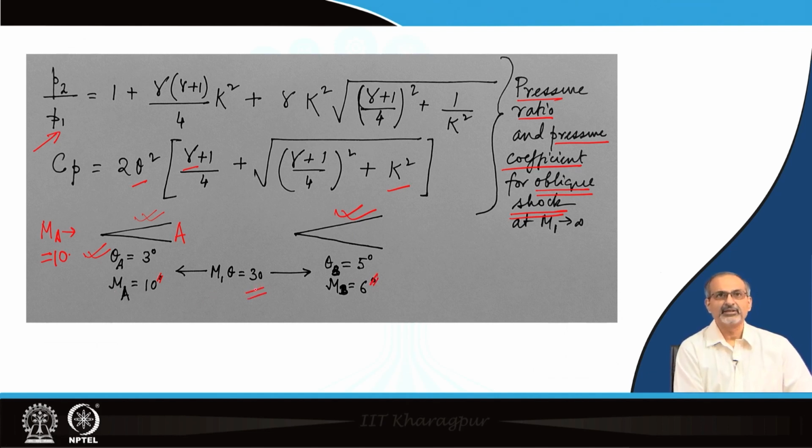Here the M B is equal to 6 and the theta is 5 degrees, this is case B. Again the product gives you 30, which means the K for both the cases is identical, and therefore, if you study one of these flows, you can infer how the other flow would behave. Actually, they would behave identically, considering that the gamma remains invariant and so on.